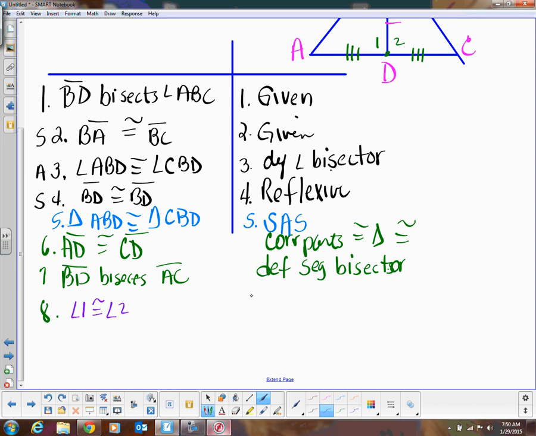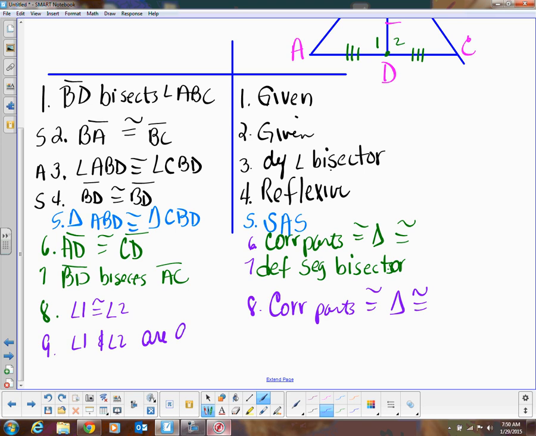So now what do I know about angle 1 and angle 2 if those triangles are congruent? Why must they be congruent? Corresponding parts of congruent triangles are congruent. All right, and so now what are they? What kind of angles must 1 and 2 be? Angle 1 and angle 2 are 90. What do we know about linear pair angles or supplementary?